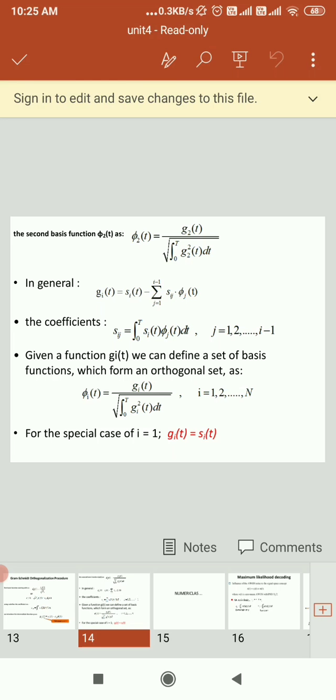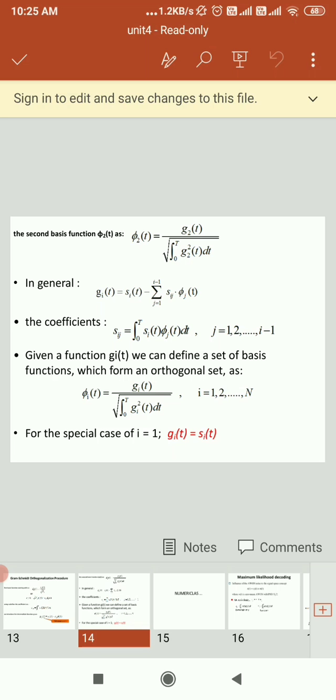So here we can write that the intermediate function will be in the form of scalar coefficients and the orthogonal basis functions. We can take the scalar coefficient Sij as integration 0 to t of Si of t phi j of t dt. And if we are taking a given function gi of t, we can define a set of basis functions which will give us an orthogonal set.